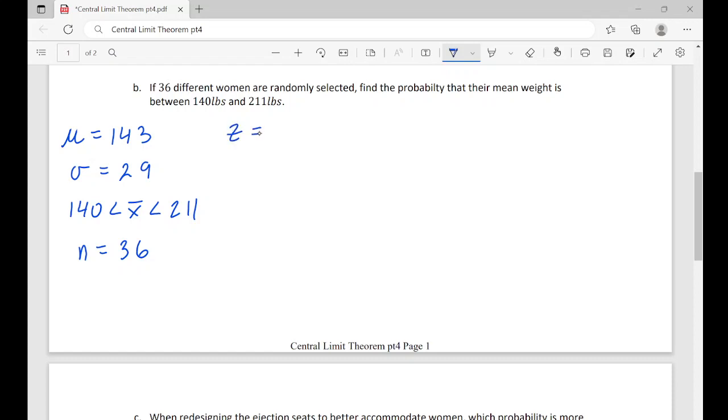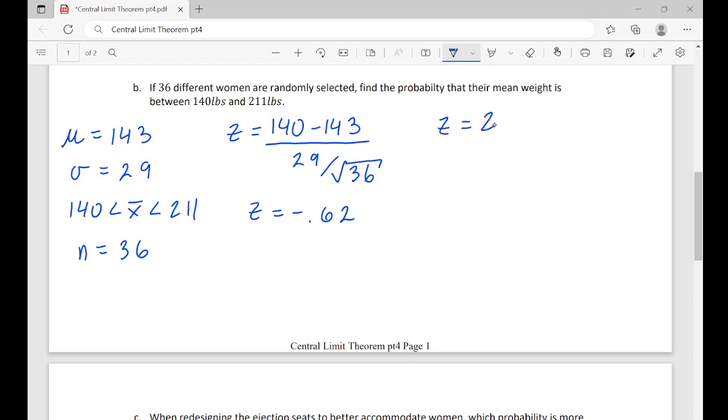So z equals 140 minus 143 divided by 29 over the square root of 36. And that's going to give us a z-score of negative 0.62. And then one more time, z equals 211 minus 143 over 29 divided by the square root of 36. And this will give us a z-score that is actually decently high, 14.07.